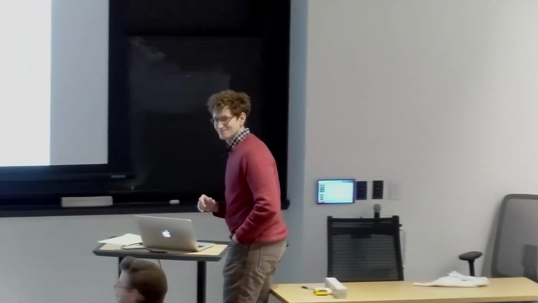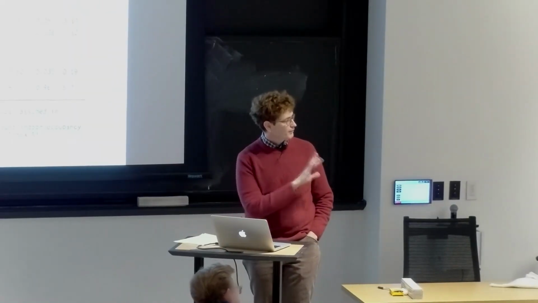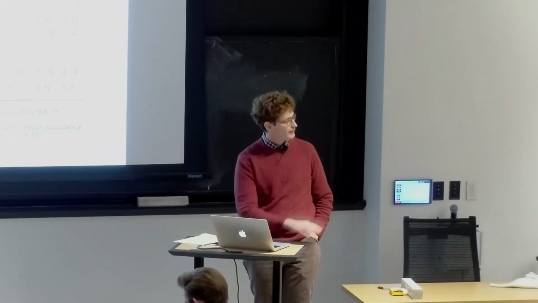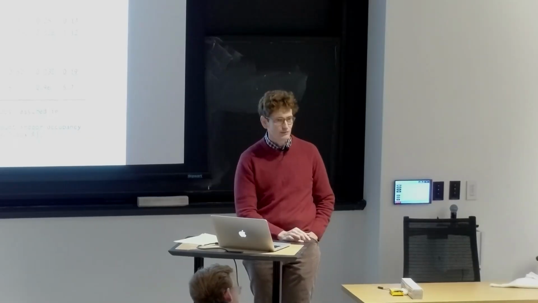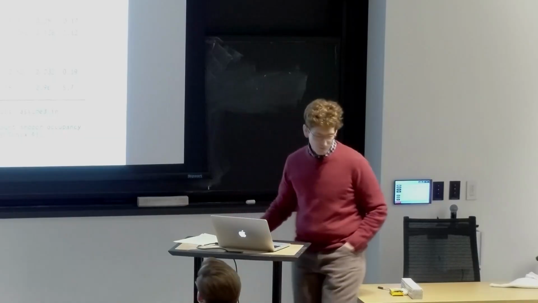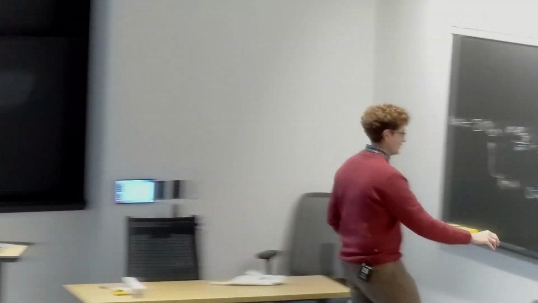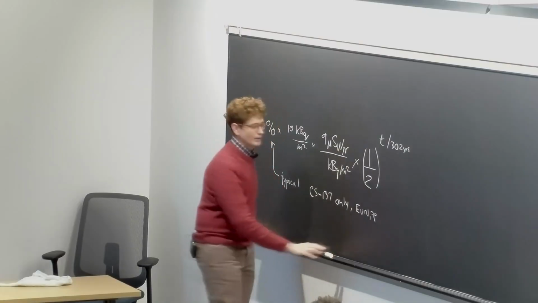Yes? So a typical accident is about a fifth of Chernobyl. Chernobyl is 10 kilobecquerels per square meter of contamination for cesium, and the dose is 9 microsieverts per year per kilobecquerel per meter squared.